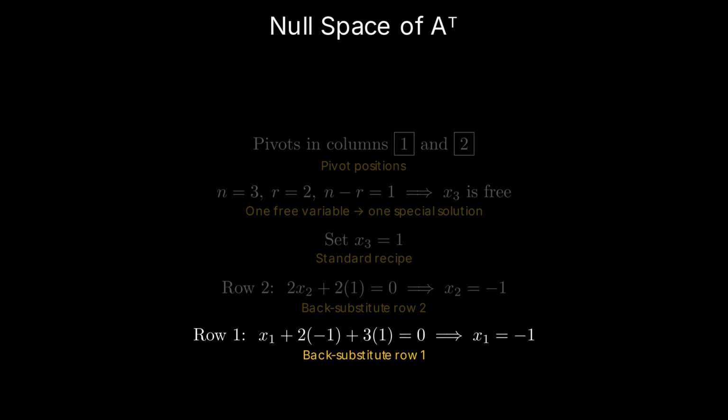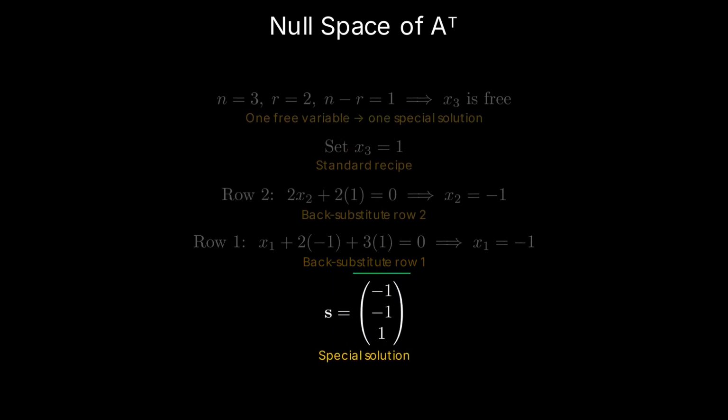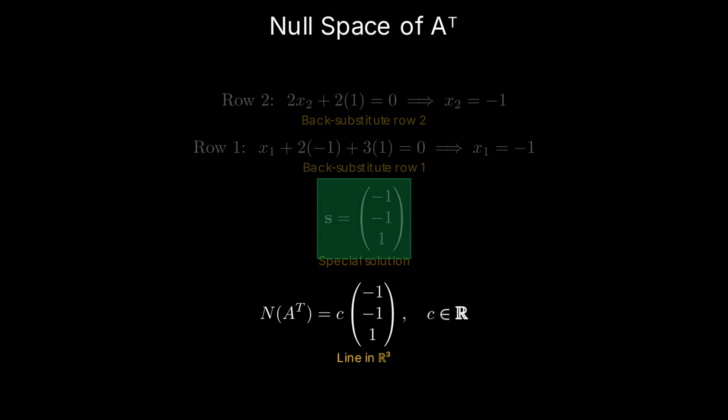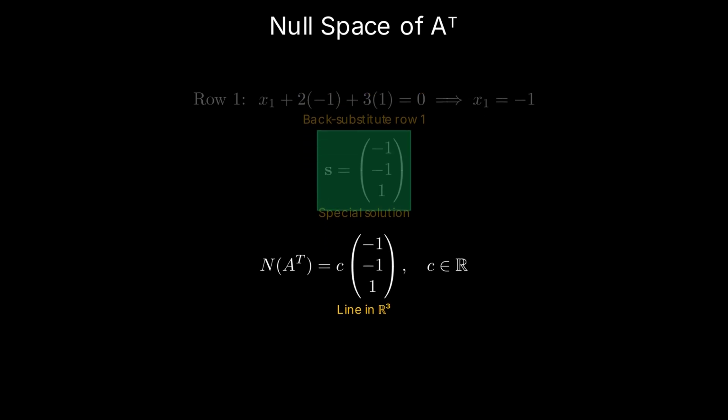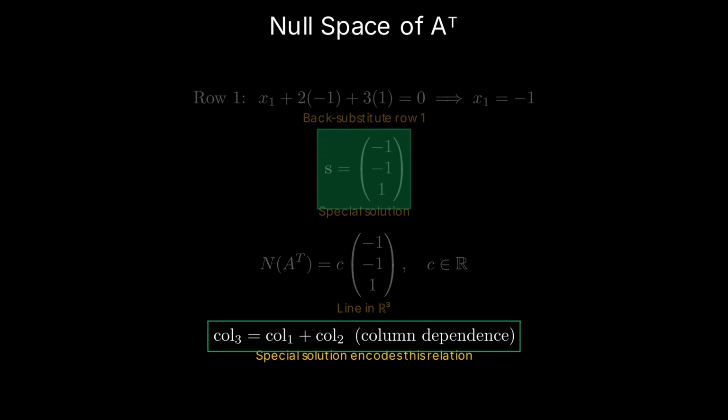The special solution is the vector -1, -1, 1. The null space of A transpose is a line in 3-dimensional space. Every solution equals c times this vector. Notice what this encodes. Column 3 of A transpose equals column 1 plus column 2. The special solution captures that exact dependence among the columns.